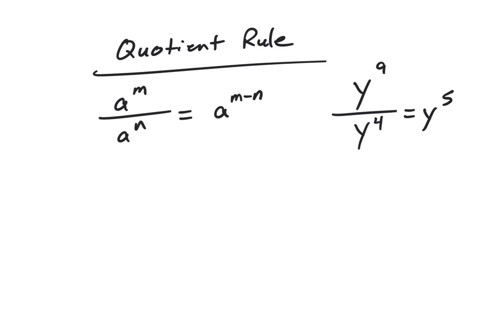Okay, I told you that I would show you where the 0 rule comes from. If I have y to the 6th over y to the 6th, then when I subtract my exponents here, we get y to the 0. And based on what we just said, anything raised to the 0 power is 1.